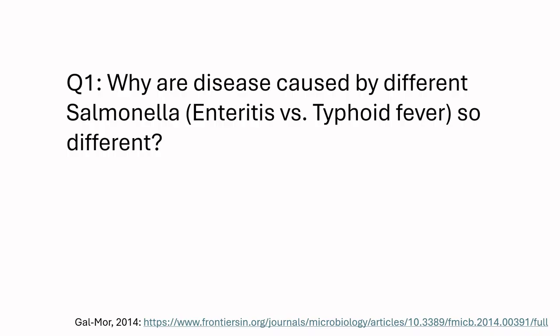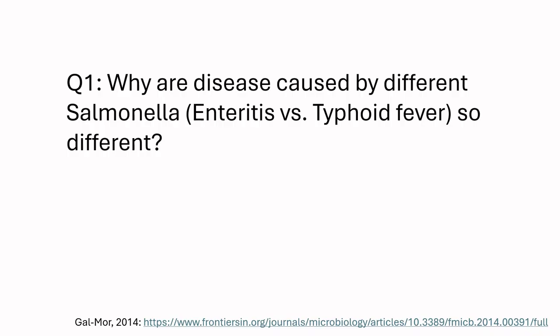There are some counterarguments against this, because even though the Vi capsule is found in typhoid strains, it's not found in all of them, or let's say at least in the paratyphoid strains, which are very similar to typhoid. There the Vi capsule is actually not found. It was also tried experimentally: typhoid strains where the Vi capsule was deleted still caused an illness which resembled typhoid fever more than enteritis.